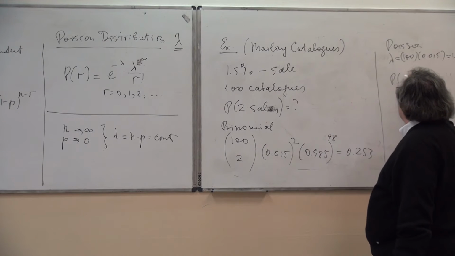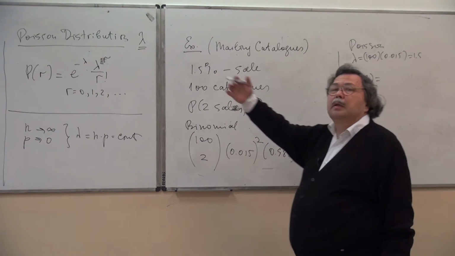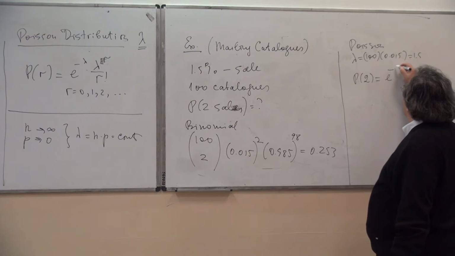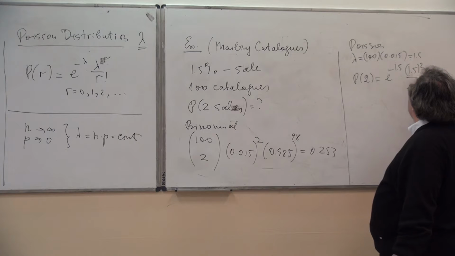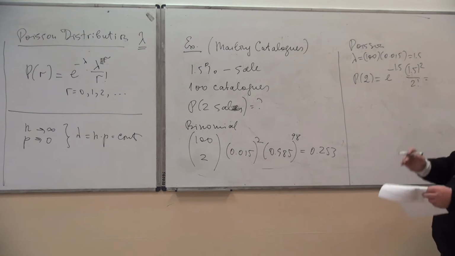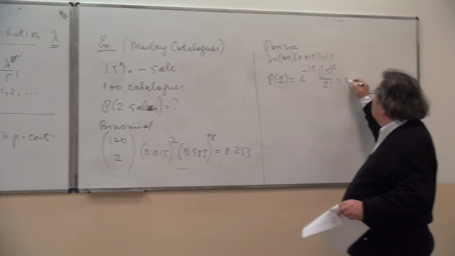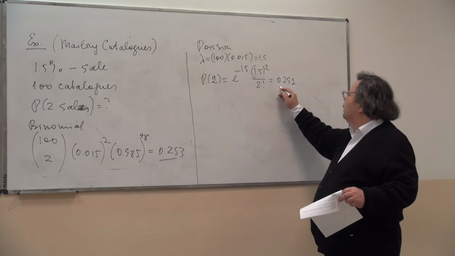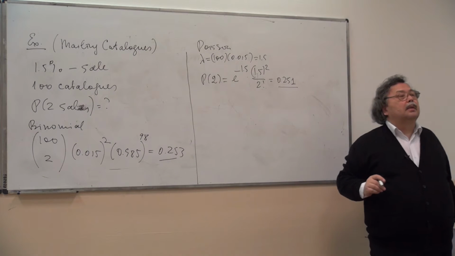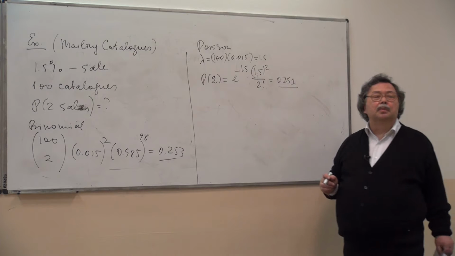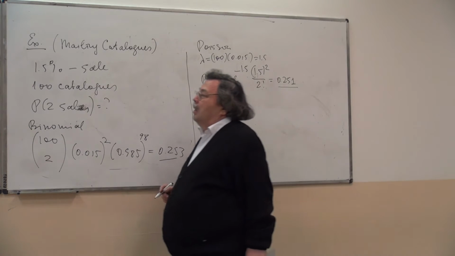The probability of 2 successes, or rather 2 occurrences of this event in question, is e to the power minus 1.5, 1.5 to the power 2, divided by 2 factorial. Okay, and the numerical answer is 0.251. If you compare this and this, you'll see that the 2 answers match to 2 decimal figures, good enough for practical purposes.